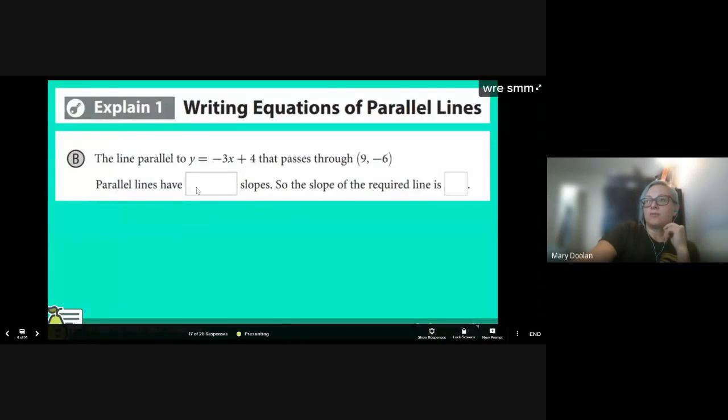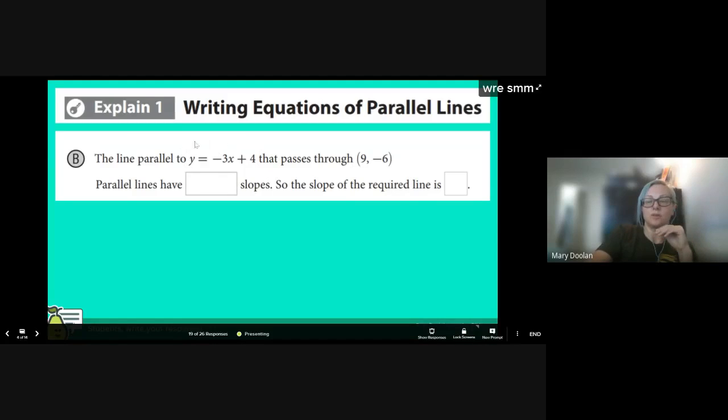So if parallel lines have to have equal slopes or the same slope, then what would the slope of the required line be? So the slope of the required line is what number? All you have to do is look at this equation.